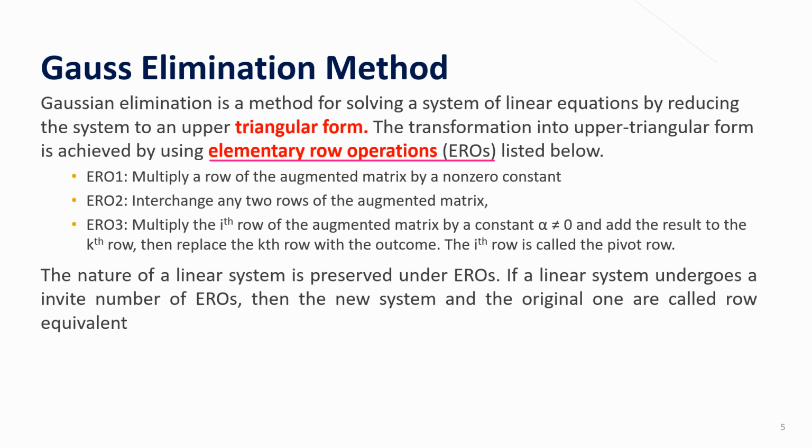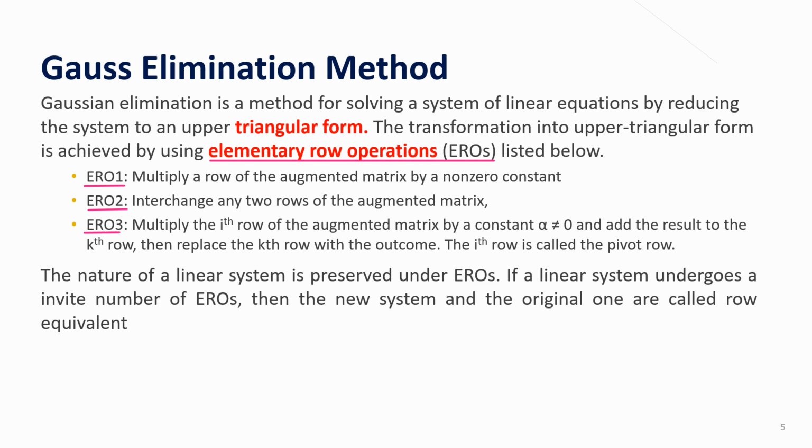Elementary row operations consist of three operations. We abbreviate them here as ERO1, ERO2, and ERO3. What is ERO1? Basically, in ERO1 you multiply a row in the augmented matrix by a non-zero constant.